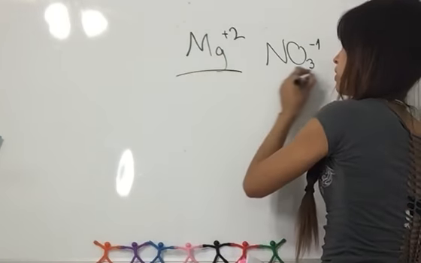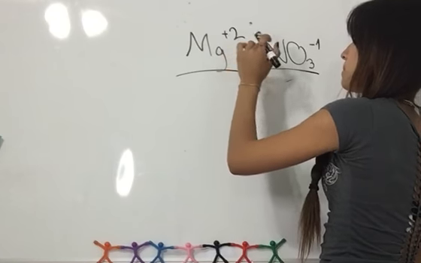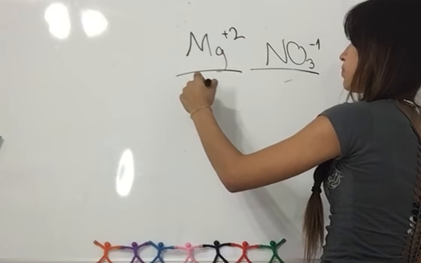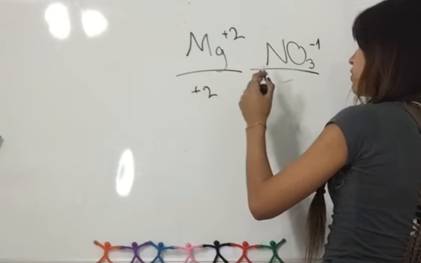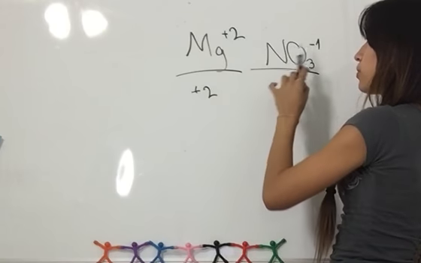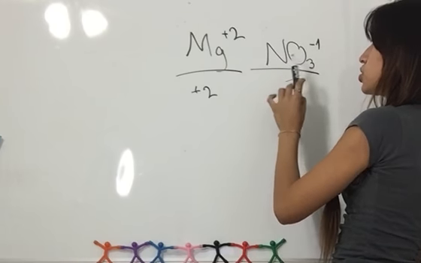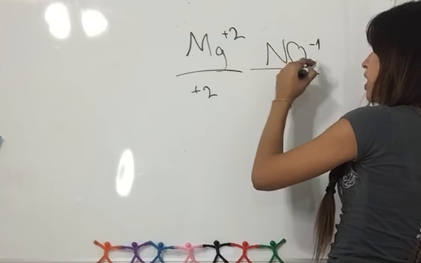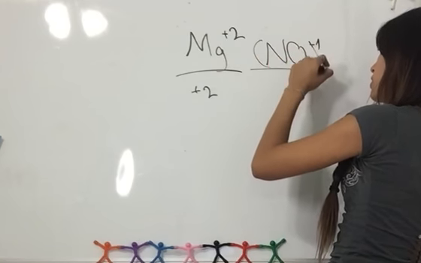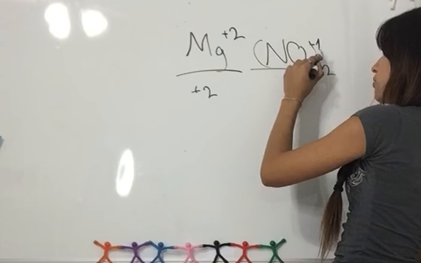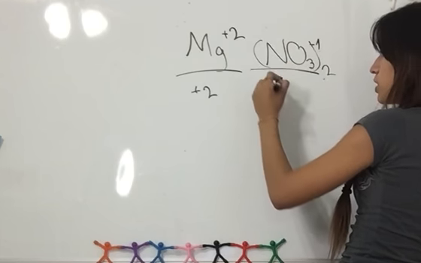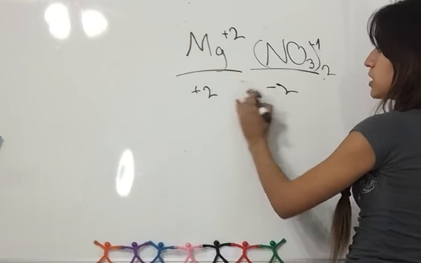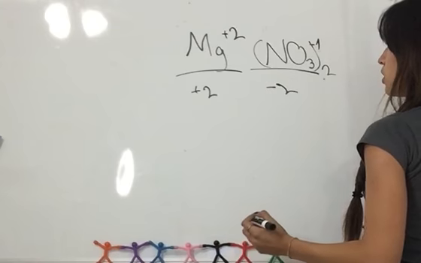So magnesium has 2, and the easiest possible way for -1 to get to 2 is to just have 2 of these. So you would have to multiply all of this by 2. So -1 times 2 is -2. And see, now it's even. Now they can cancel each other out.